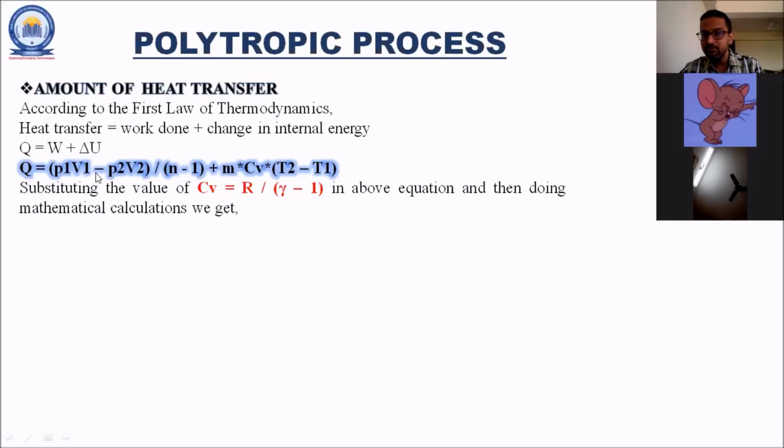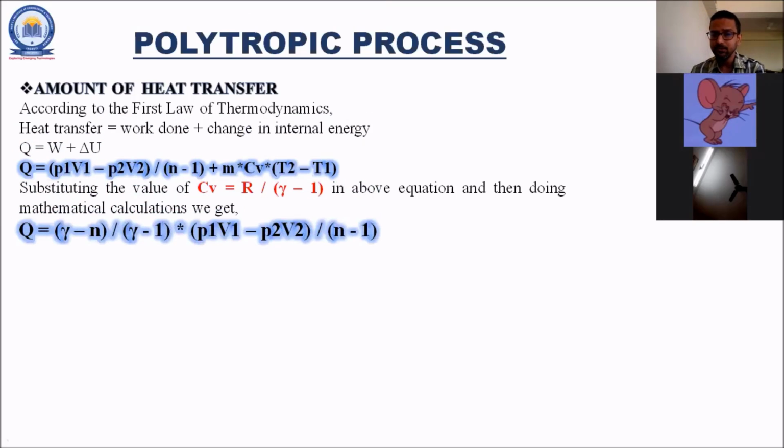Taking the term (P1V1 minus P2V2) common throughout, in the bracket we will get 1 upon (n minus 1) minus 1 upon (gamma minus 1). Doing the mathematical calculations, finally you will get this answer, that is Q is equal to (gamma minus n) upon (gamma minus 1) into (P1V1 minus P2V2) upon (n minus 1).